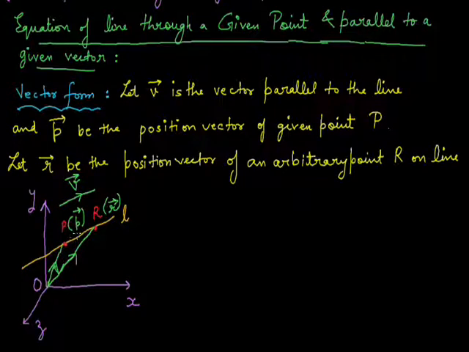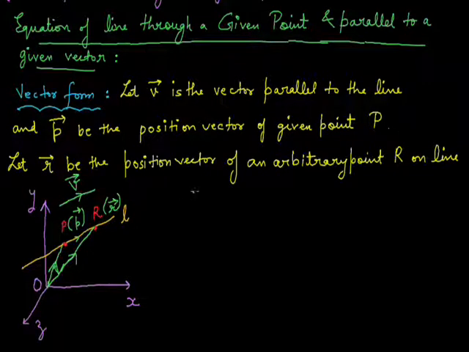So the line gets a direction which is from P to R. So this is the given point P whose position vector is P vector. This is a random point or arbitrary point R, general point R on the line whose position vector is R vector. And this is V vector to which the line is parallel.